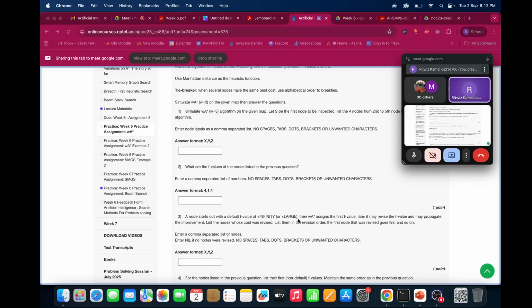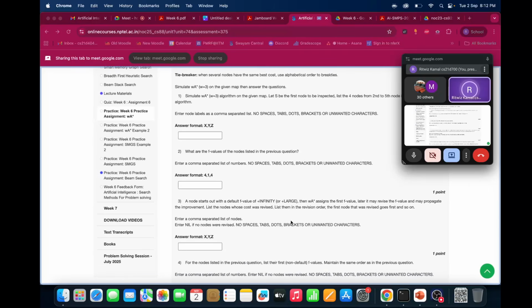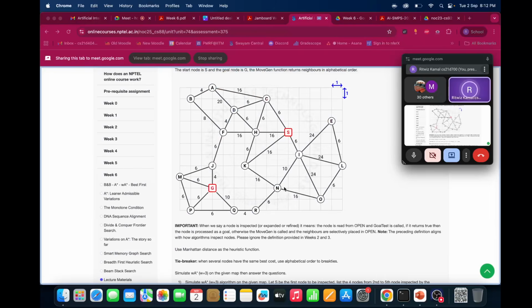Okay. And let's say by propagation improvement, you find some alternate path to that node that has a lesser cost. Then you revise the cost associated with that node and the path associated with that node as well. Correct?